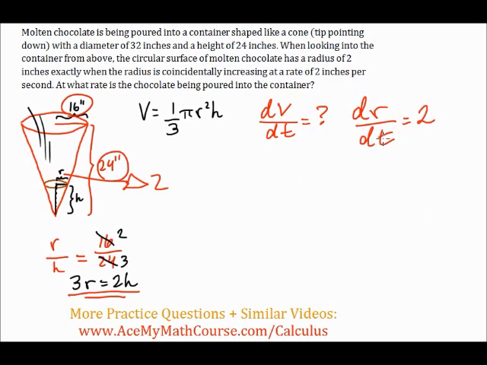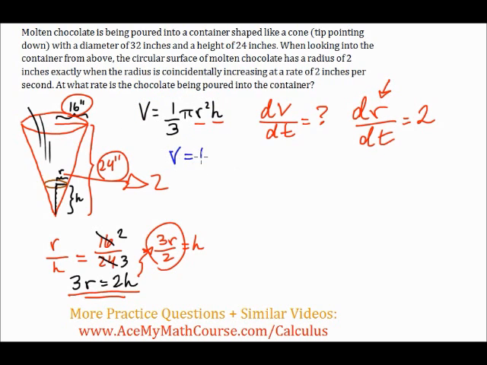Great. So now coming back here, I want to make a decision because I don't want both r and h in my formula here. I want either or. Because we have dr/dt, my choice will be to eliminate the h. So I will isolate the h by dividing both sides by 2. So I get 3r over 2 is equal to h. I'll take this and plug it in for h right here.